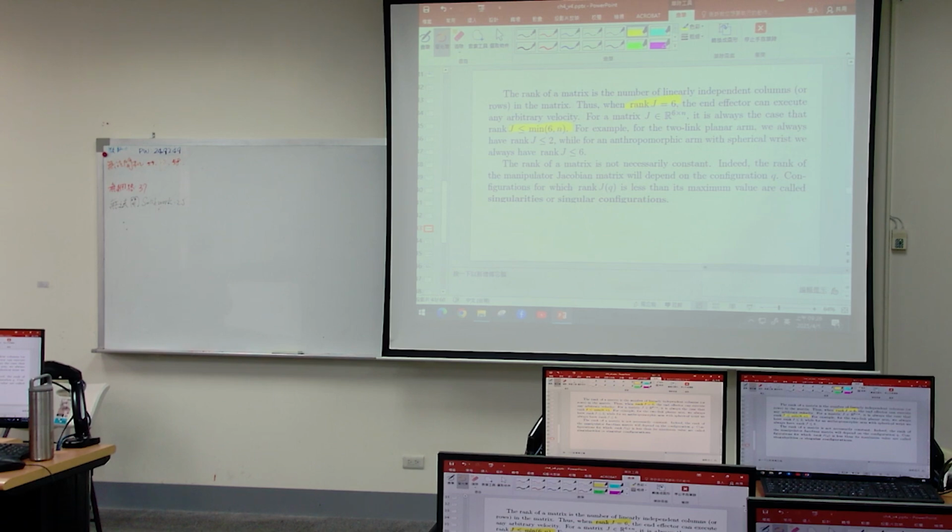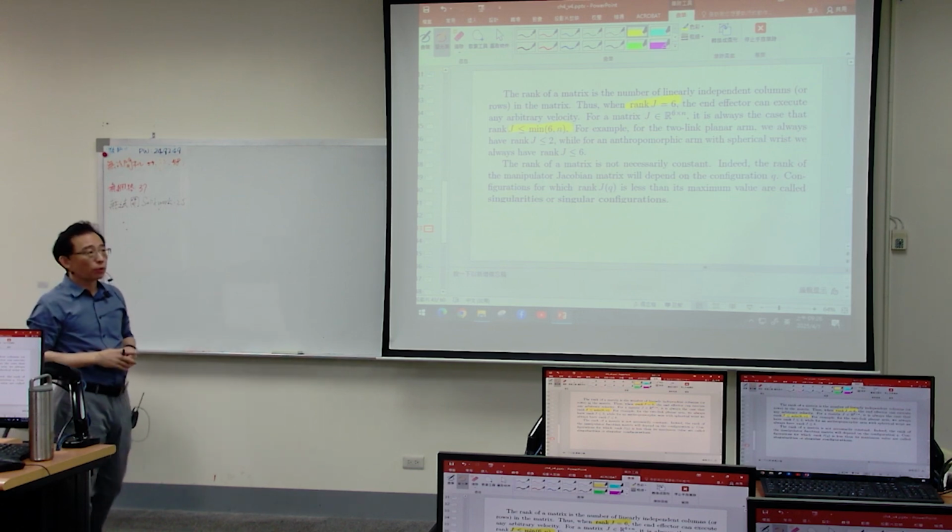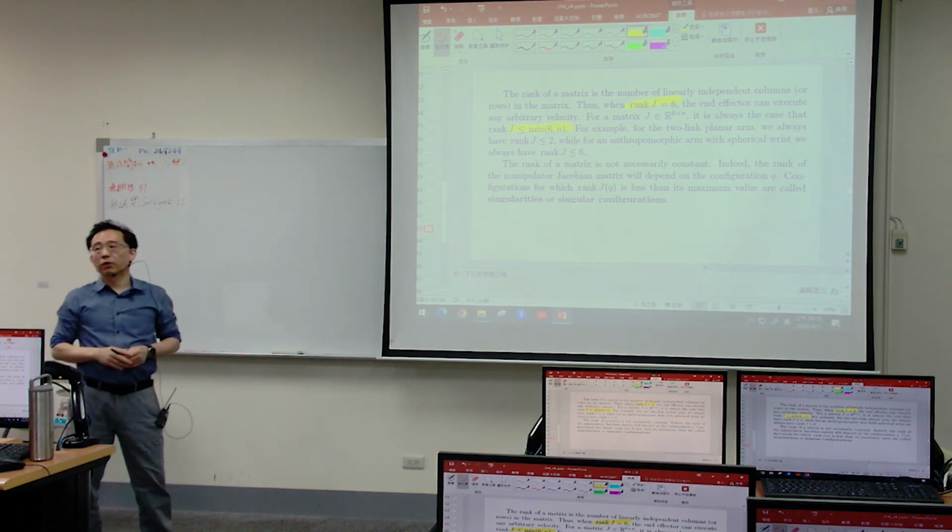Okay, so we always have a simple robot type for explanation. For example, over here we have the two-link planar arm. If we have a rank smaller or equal to 2, yes, we have originally 2 for the rank of the system.